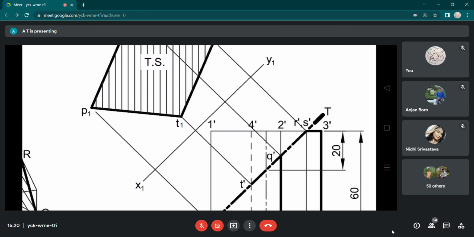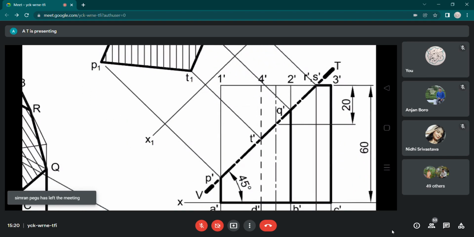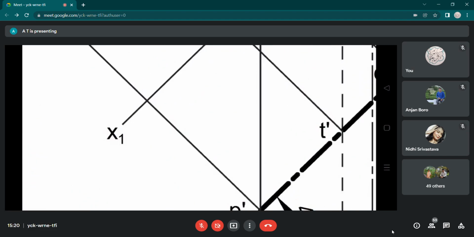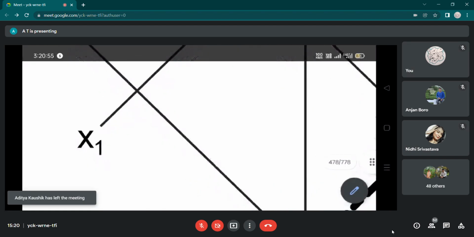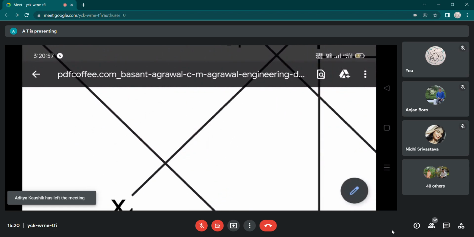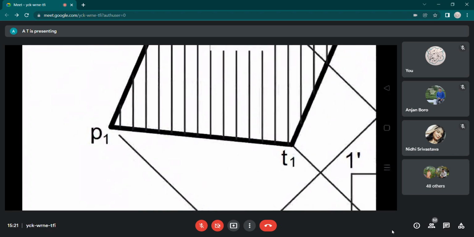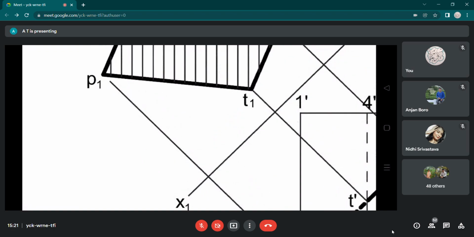After that, what you have to do is locate the points. The next challenge that will come: suppose the first point P dash, which you have projected here on x1 y1. But at what distance from x1 y1 will you get this P1?